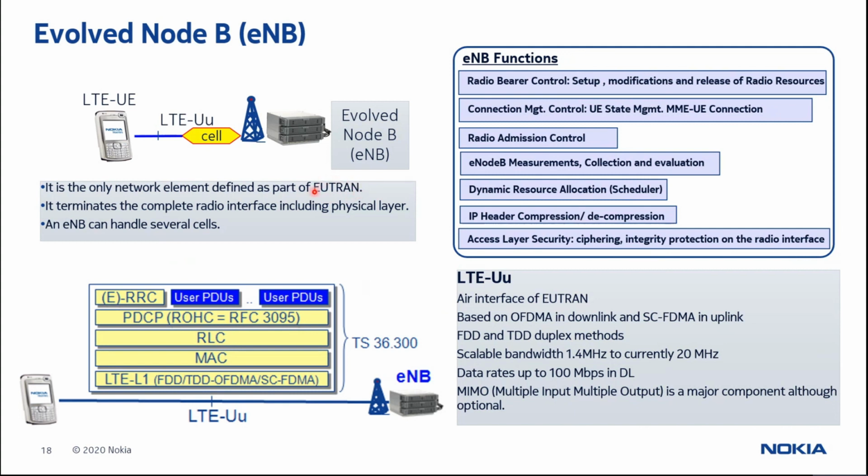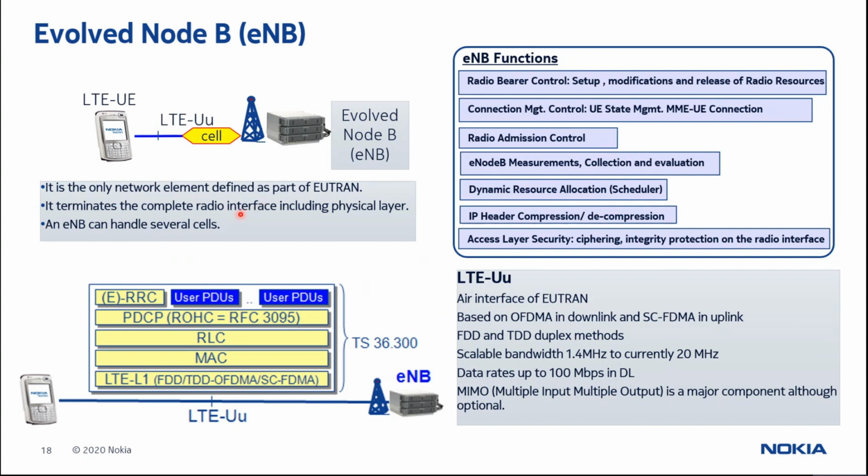So wherever you see E in the 4G network system, it indicates evolved. So E-UTRAN is an evolved UTRAN, an eNode B represents evolved Node B, and the packet core, which was there in 2G, 3G, is called EPC, which is evolved packet core. So this is how you distinguish the 4G network elements.